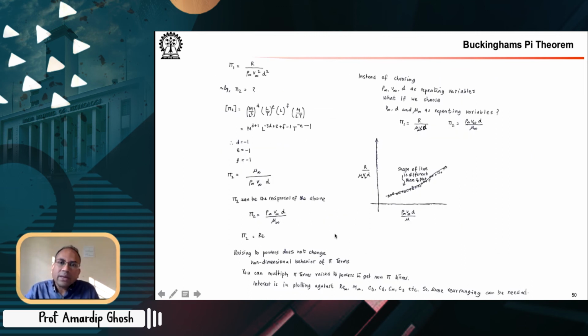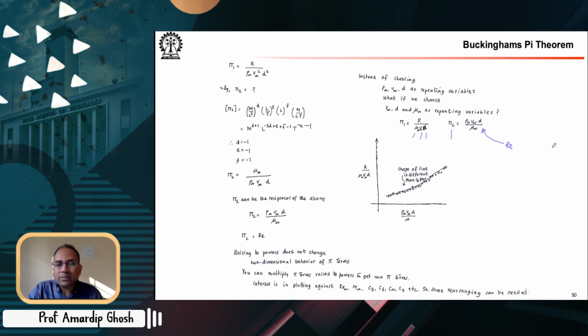Now, when we take that, you see that your pi1 comes to be R by mu infinity, V infinity, D, whereas pi2 goes to rho V D by mu, which is Reynolds number. So you see here, we don't even have to take the reciprocal.